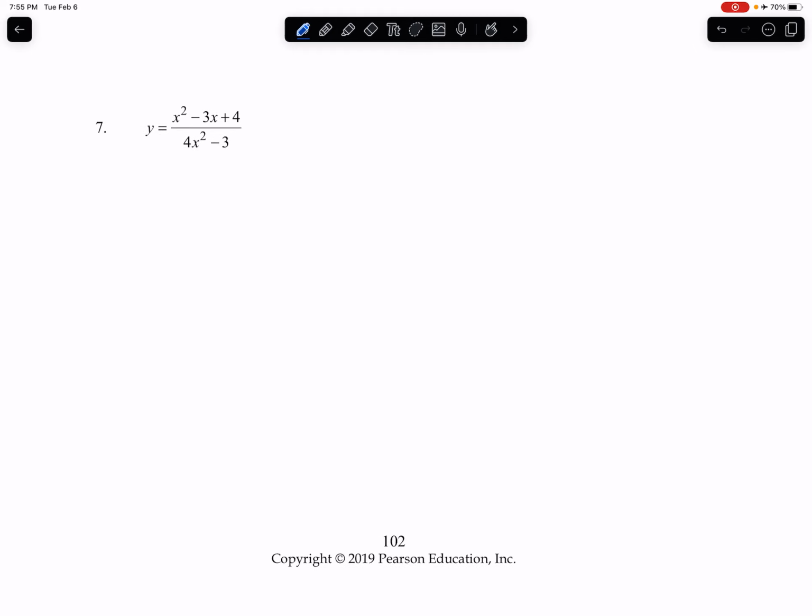x squared minus 3x plus 4 over 4x squared minus 3. Here we have a quotient, so let's use our quotient rule.